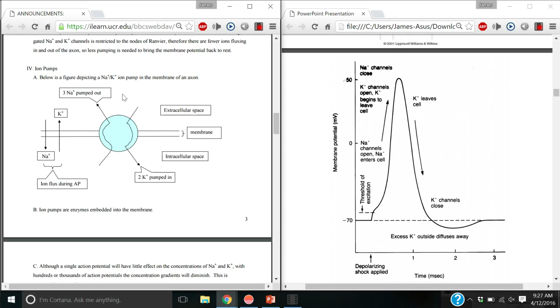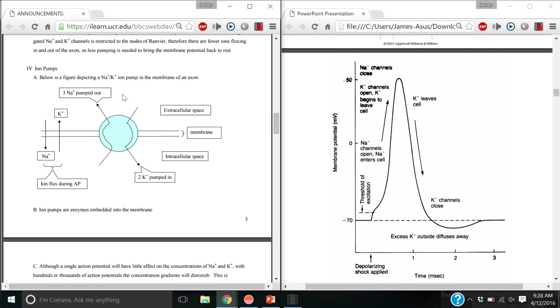Sometimes, independently of action potentials, there are factors that can influence the activity of these pumps, like second messengers and other intracellular messengers. We'll talk about that a little later. So anytime a pump moves 3 out to 2 in, that's electrogenic, and it is going to change membrane potential. That's just something to keep in mind for later.